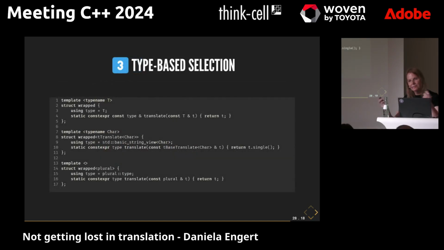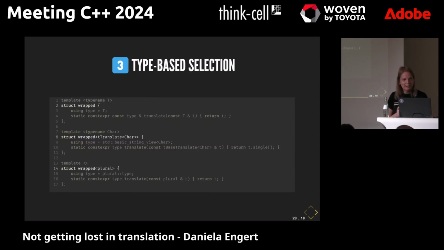And to the third question, this type-based metaprogramming that is used here, we use a struct as a function. We have the template parameter as a function parameter, and we return a tuple of a type and this function, and this is what we have been using in the lines in the slides before.